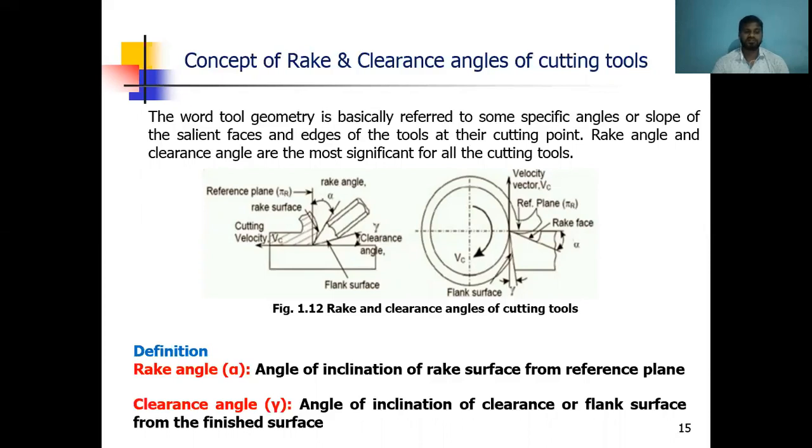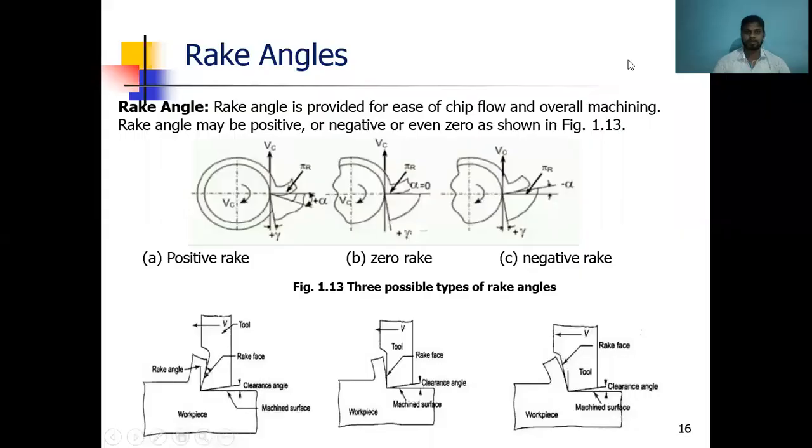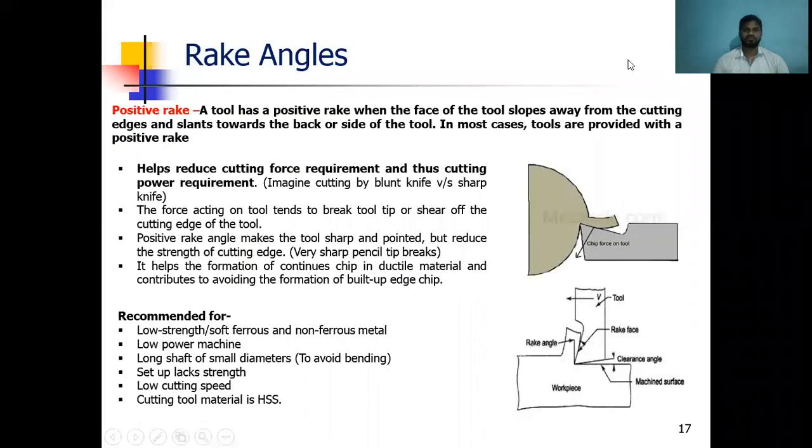Next, clearance angle: the angle of inclination of the clearance or flank surface from the finished surface. Next, positive rake.